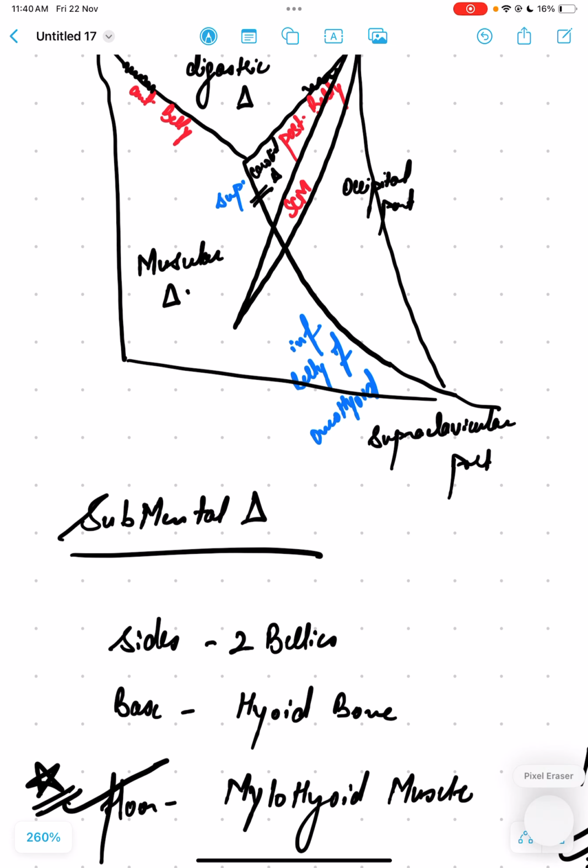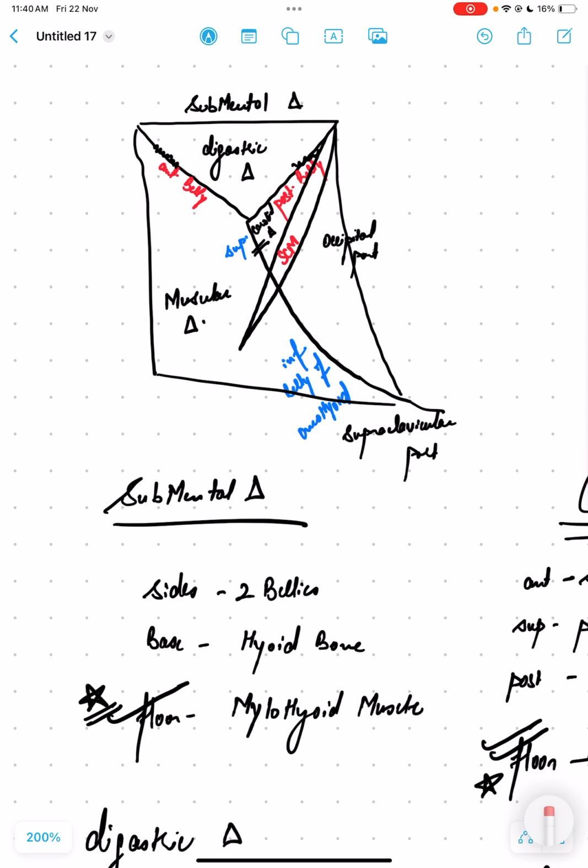This part is the hyoid bone, and at the base, this is the sternum. So the anterior part of the muscular triangle extends from the hyoid to the sternum, the posterior superior part is the superior belly of the omohyoid, and posterior inferiorly we have the lower part of the sternocleidomastoid muscle.